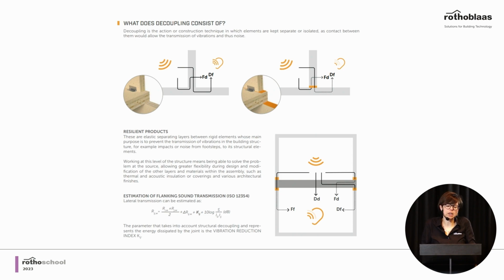So what is the idea? If we have a resilient interlayer, the contact between the walls is not so high, and therefore when, for example, a side wall vibrates, the resilient interlayer reduces the propagation of vibration to the separating wall or to the other side walls, and therefore we have a reduction of this flanking transmission.